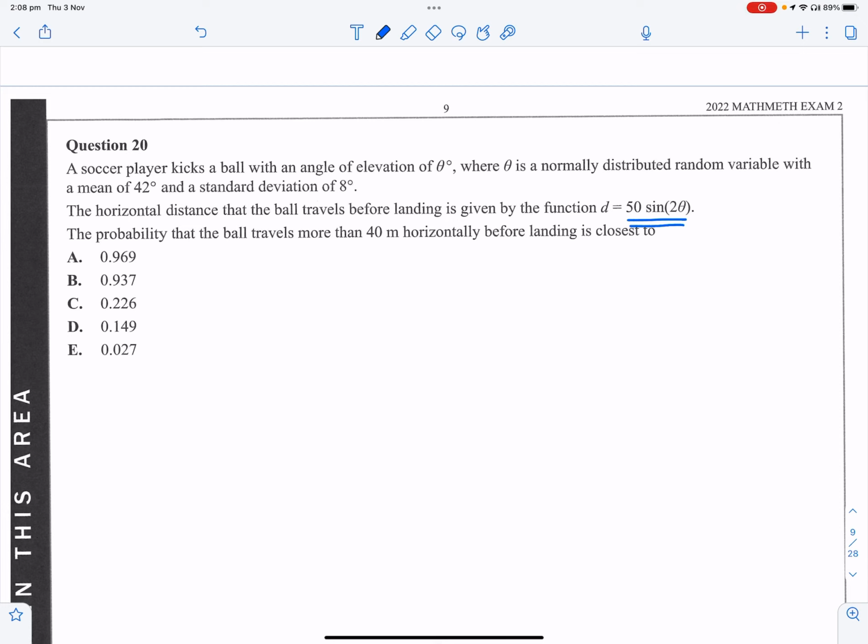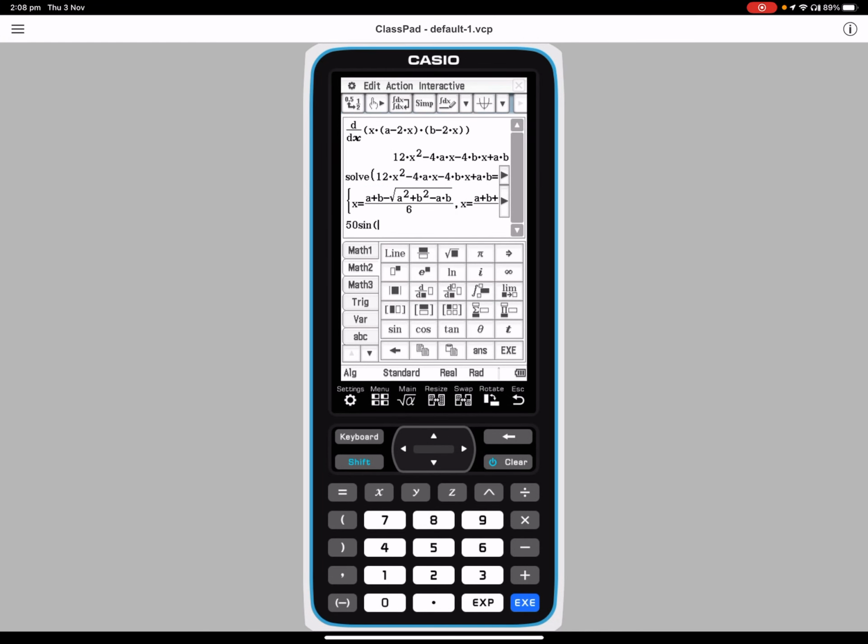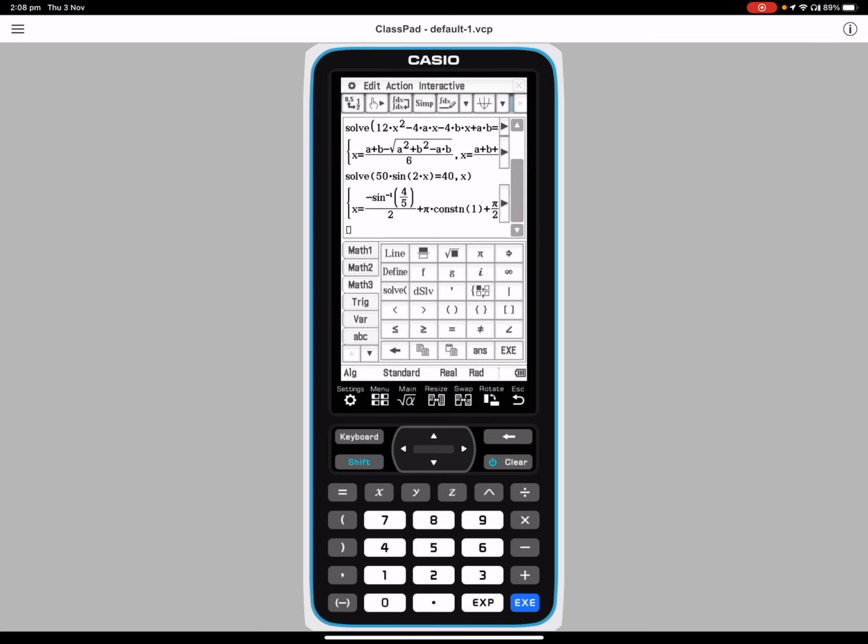The probability that the ball travels more than 40. So if I said 50 sine 2 theta equals 40, we know it's going to be between, say, 0 and 100.